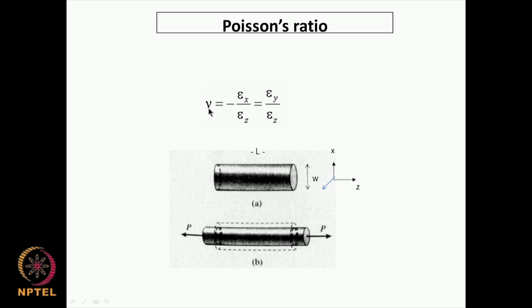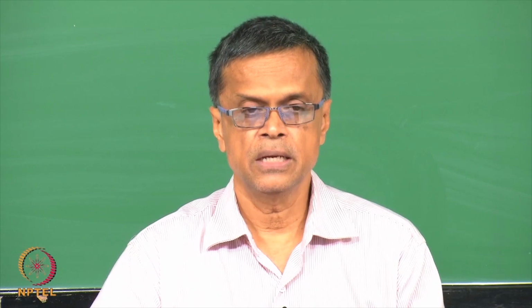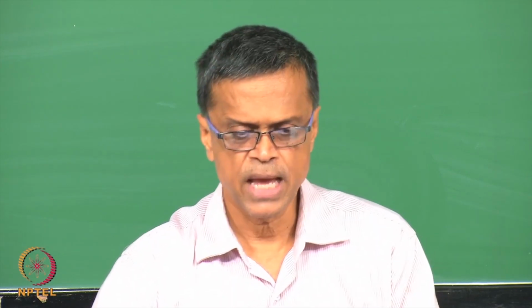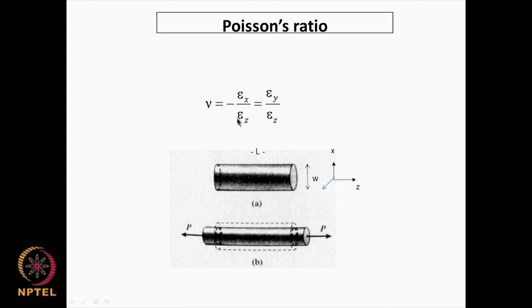When I pull the rod, there will be an increase in its length, and simultaneously in a perpendicular direction there will be a decrease in the diameter. That ratio is called the Poisson's ratio, and there is a negative sign put here because when you have elongation in one direction, there will be a reduction in the dimension in the perpendicular direction. That is why you have a negative term.